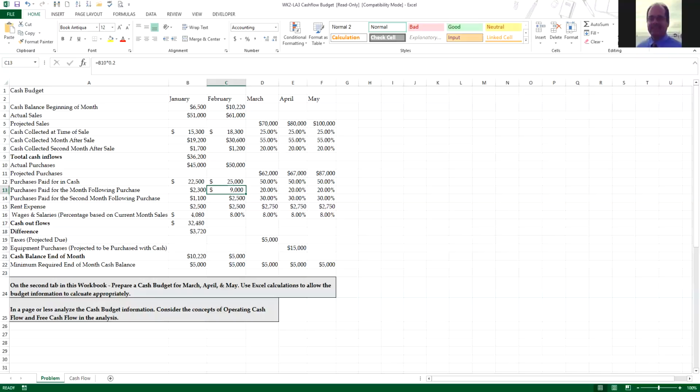And the last figure we need to figure out is the wages and salaries for February. So that's percentage based on current month sales. So 8% of 61,000.